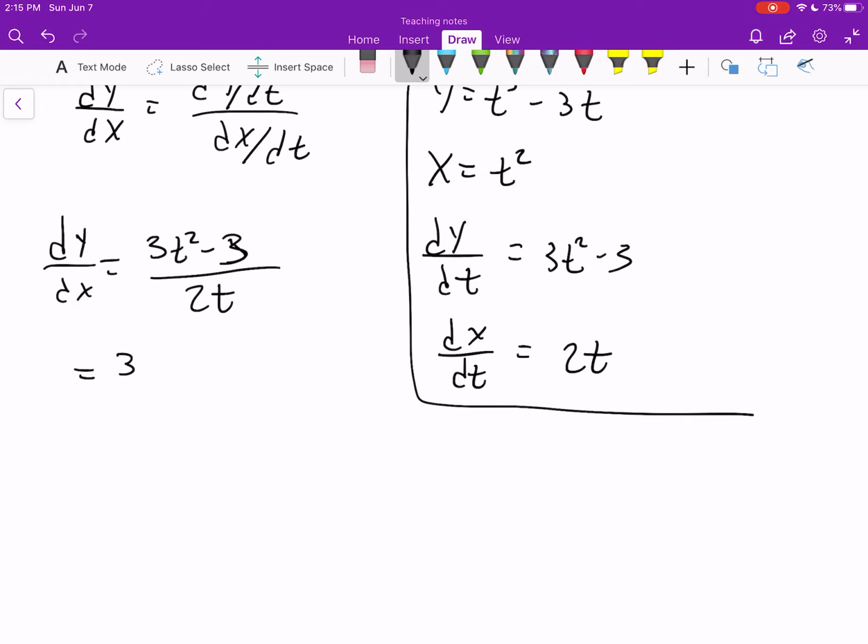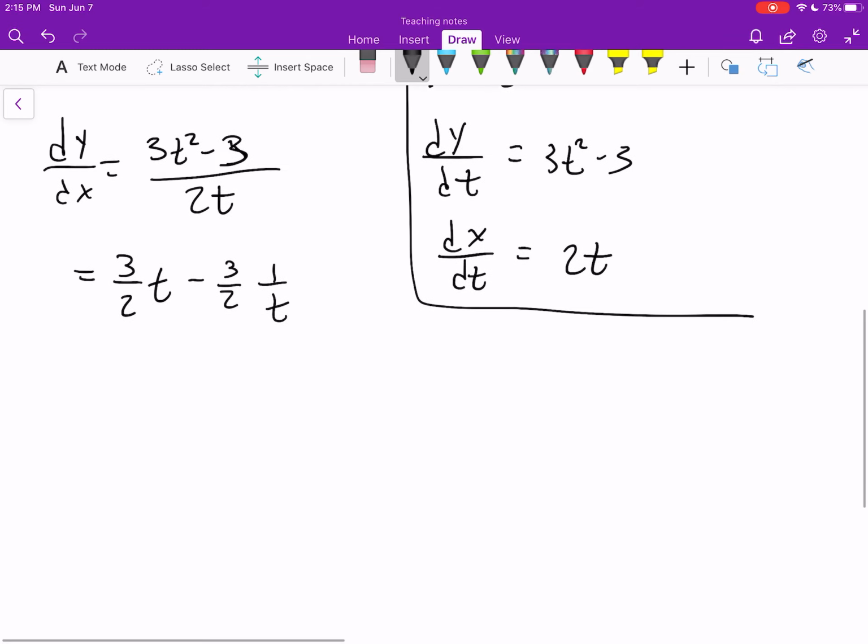So when you break up the numerator, this ends up being 3/2 t minus 3/2 times 1 over t. So that's going to be my derivative there. And now what we're trying to do is show that the curve has two tangents at the point 3, 0.